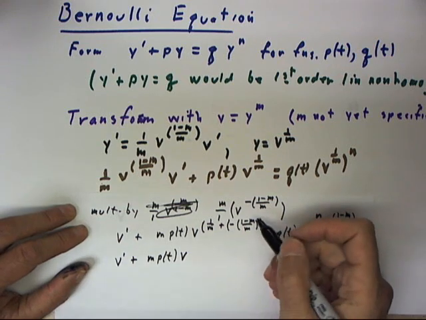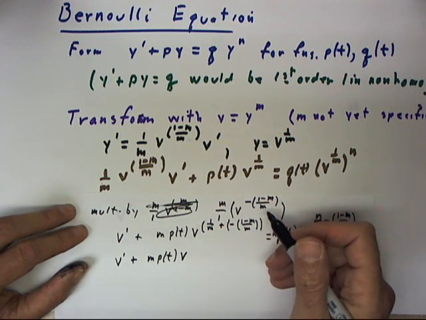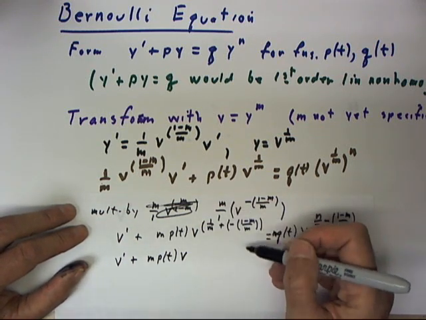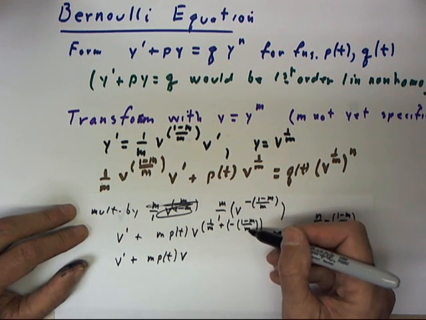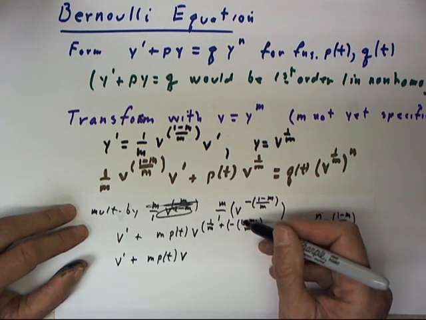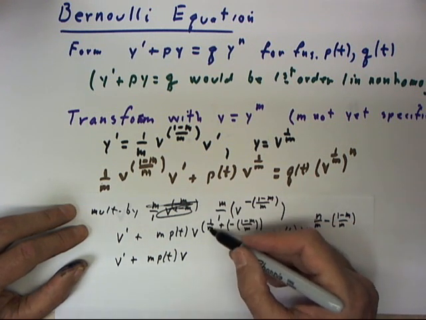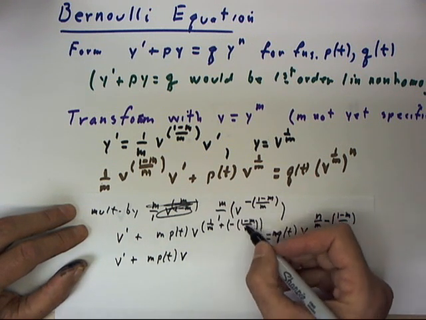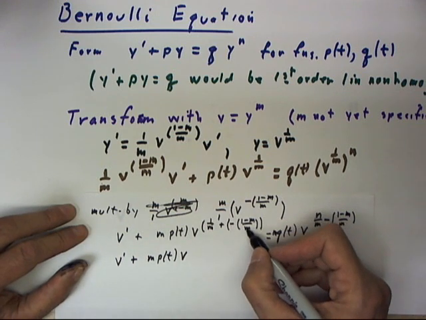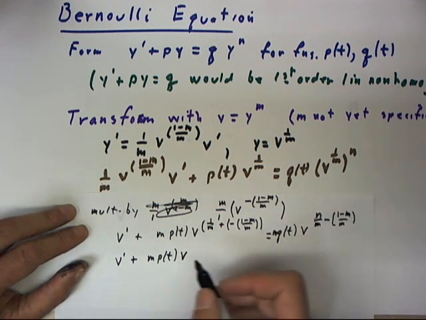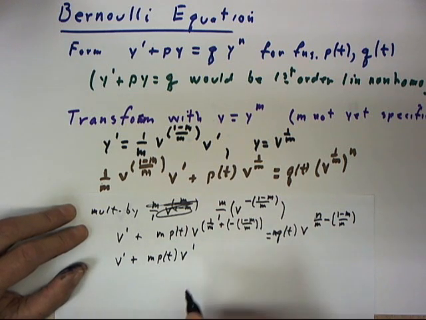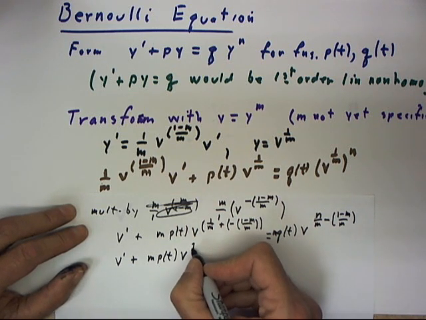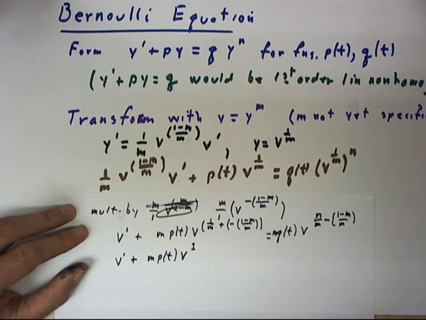Well, 1 over m, well, okay, minus 1 minus m over m. 1 over m is 1 over m, so we're going to have 1 over m minus 1 over m, and then minus m over m is plus 1. This comes out v to the first power. Make sure that's a 1. It doesn't look like a prime.